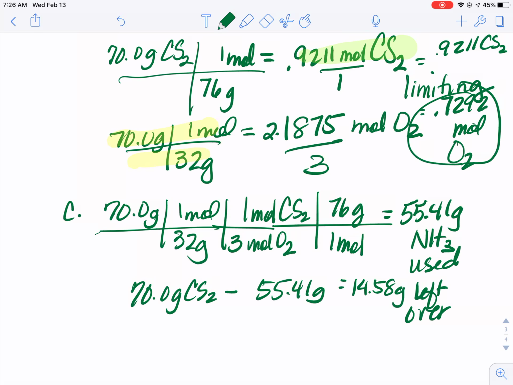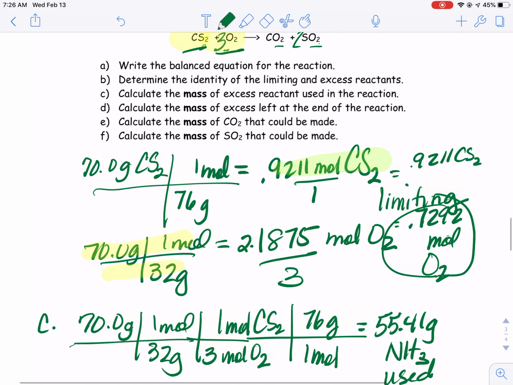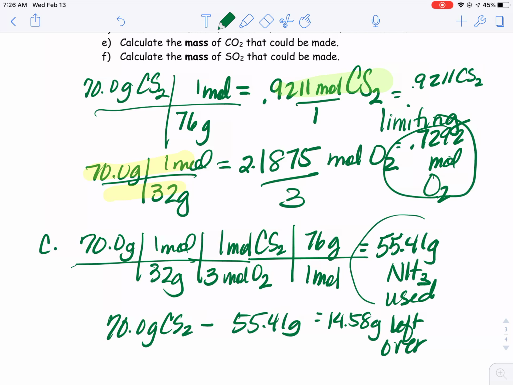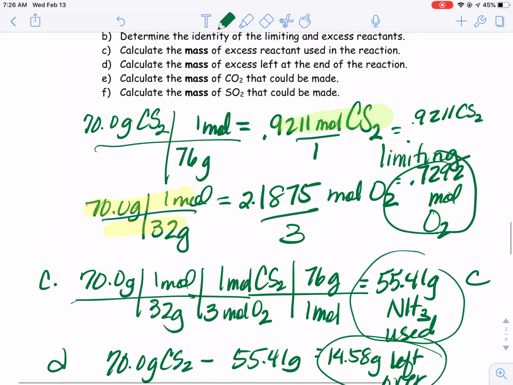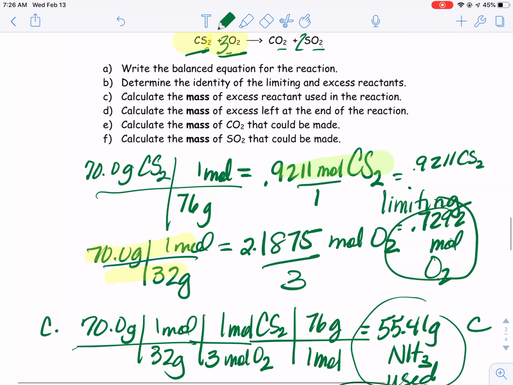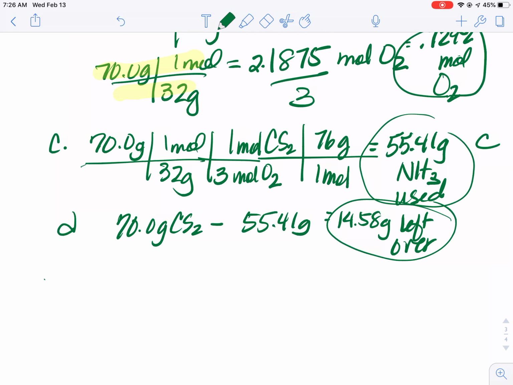Okay? D, calculate the mass. Okay, so C, we calculated what was used here. D, we calculated the leftover. For E, calculate the carbon dioxide that we're going to make.